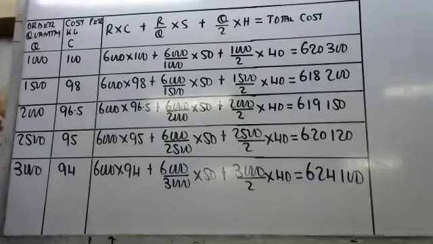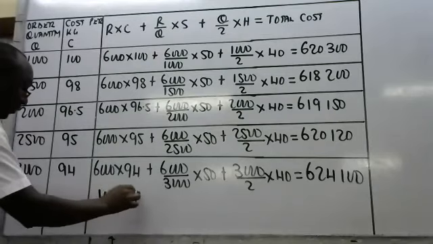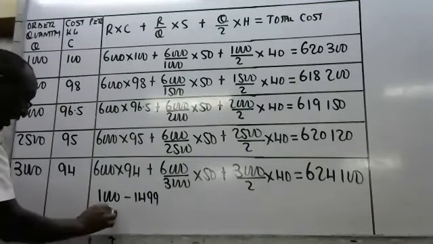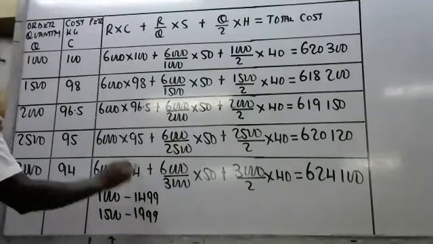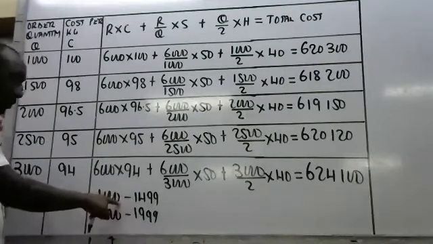Meaning, if you put these in breaks, 1,000 up to 1,499 is where this price applies. The next one is 1,500 up to 1,999. So if you got 1,100 as the Q, 1,100 is within the first break.